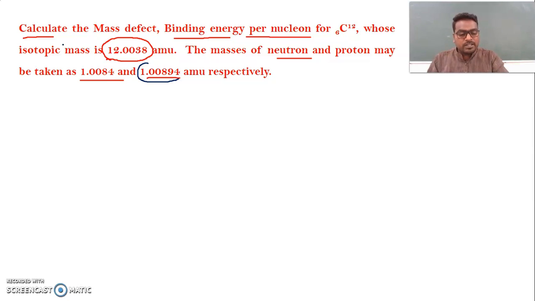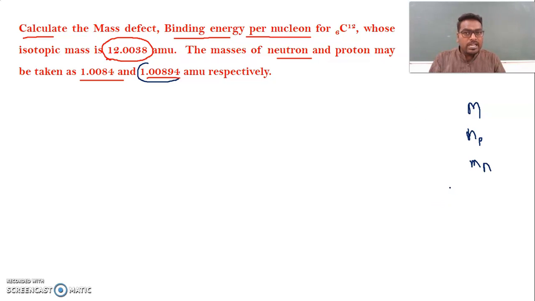So you know mass defect. Write the given. Here he has given the mass of carbon 12 isotope, that is capital M, and he has given the mass of proton, that is Mp, and Mn, the mass of neutron.